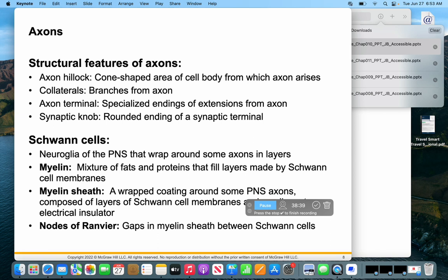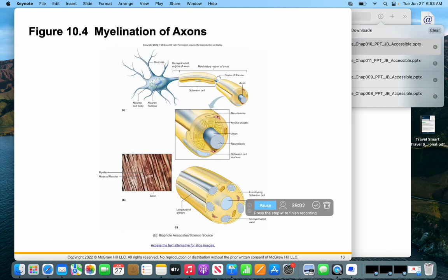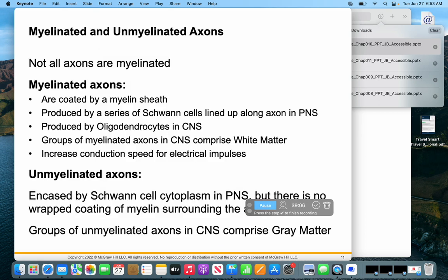We've talked about Schwann cells and how they insulate the axon, forming myelin, which is a mixture of fat and protein, and this helps speed up the action potential down that axon. And the nodes of Ranvier are the gaps in the myelin sheath where saltatory conduction occurs. And so we looked at a common neuron and labeled its parts, and looked at the myelin sheath around the axons.